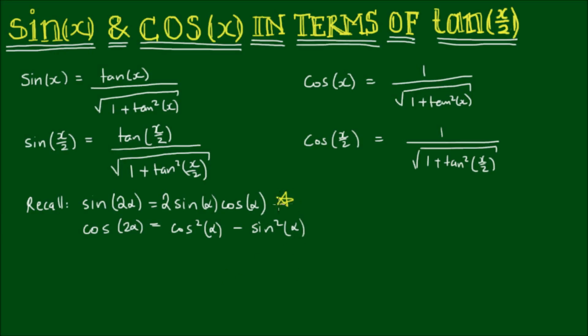So these are called the double angle formulas, where the angle on the left hand side must be twice that of the angles on the right hand side.